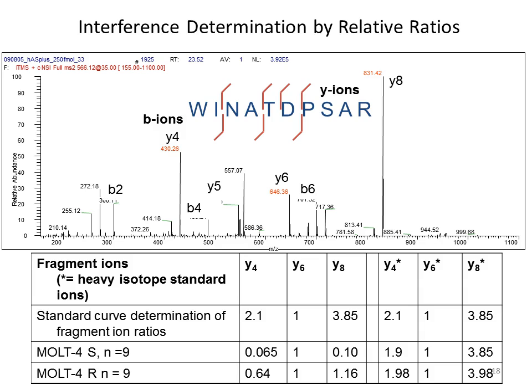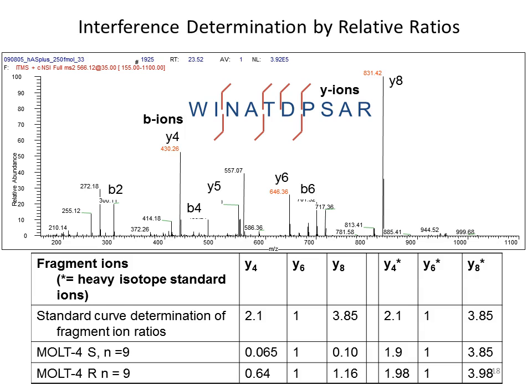The Y6 was 1. If you normalize the Y4 to the Y6, you get 2.1. Y8 to Y6, you get 3.85. This is what I determined for my standards, the light and my heavy peptides. This was data generated from light and heavy peptides with no sample background, so no chance for interferences.